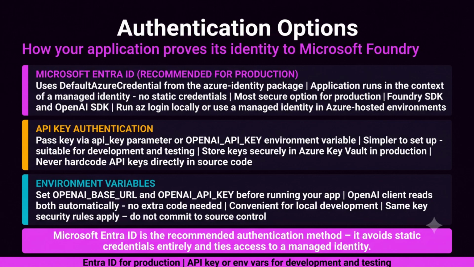Environment variables are convenient, particularly for local development. If you set OpenAI base URL and OpenAI API key before running your code, the OpenAI client picks them up automatically with no extra configuration required. The same security rules apply. Never commit environment variable files containing secrets to source control.